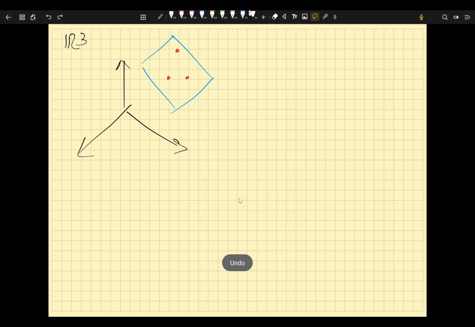So now I'm shifting this point to the origin, and I also subtracted that same point from the other ones. And now our plane is a linear subspace. So to answer your question, you subtract one point from all of the rest of the points.